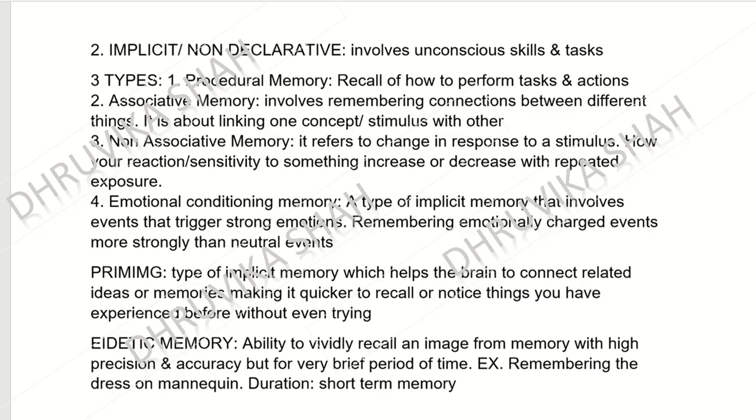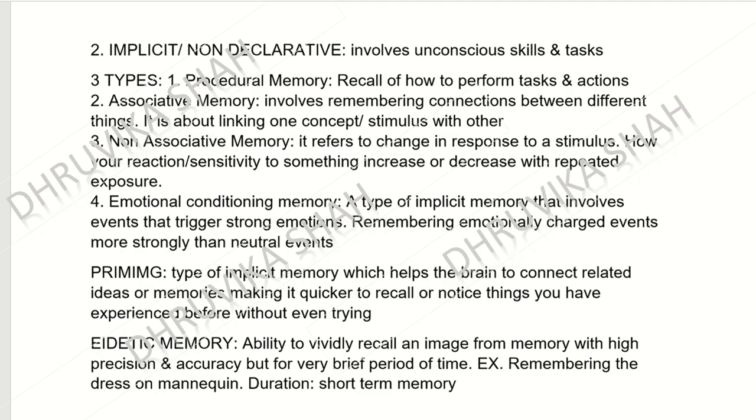And there is another one, that is eidetic memory. Eidetic memory is all about vividly recalling an image from memory with high precision and accuracy, but for a very brief period of time. For example, remembering the dress on a mannequin.